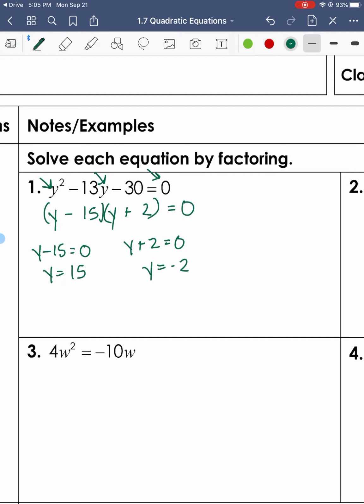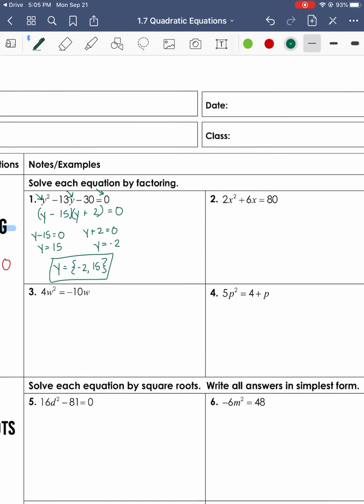Okay, and that's what we want to solve. So using our set notation, y is equal to the smallest number first, negative 2 comma 15. And that is our answer. We have solved this equation.